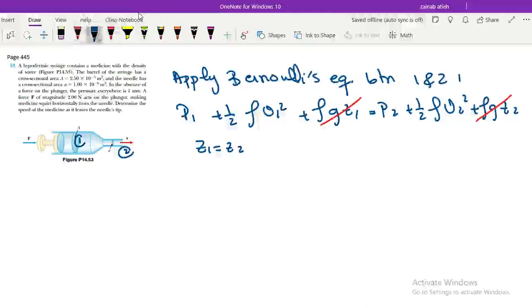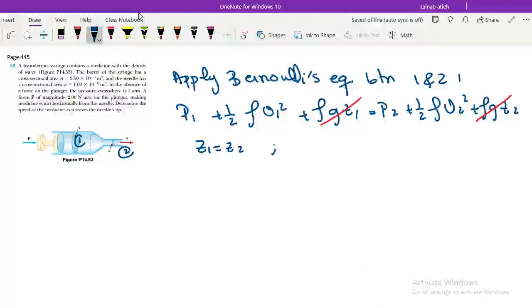P1, it's the pressure inside. Before starting to push the plunger, the pressure was P atmospheric. So after pushing the plunger, the pressure is P atmospheric plus the pressure exerted by the one who is pushing the plunger.